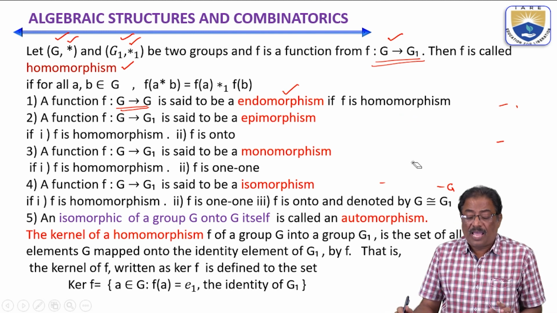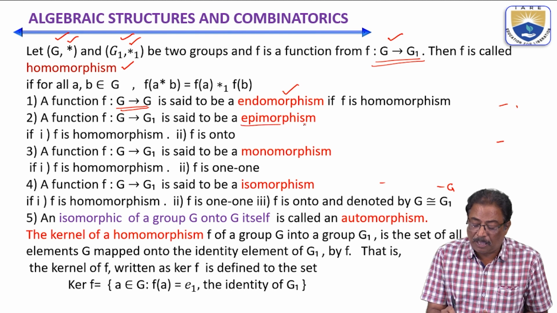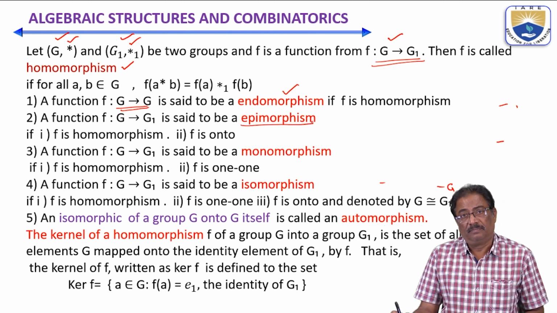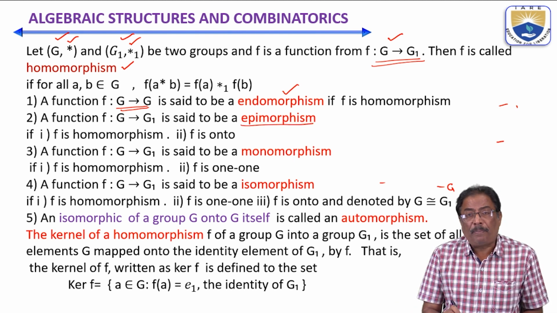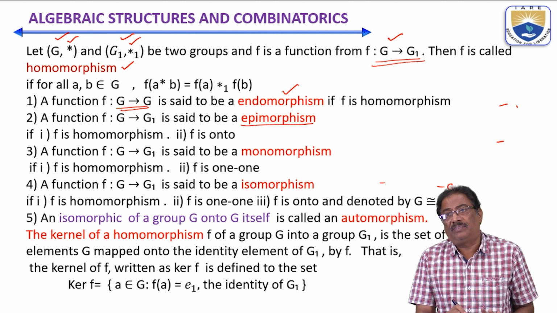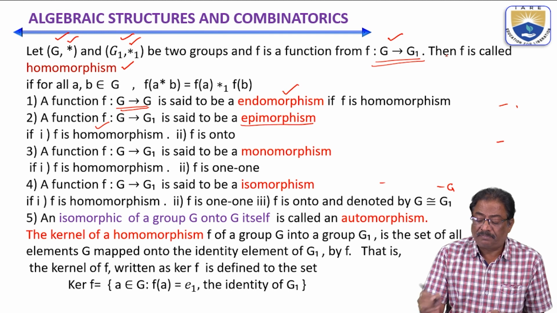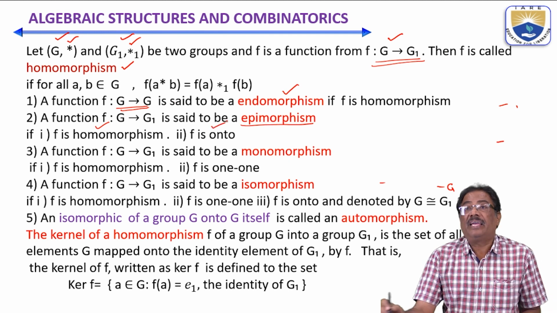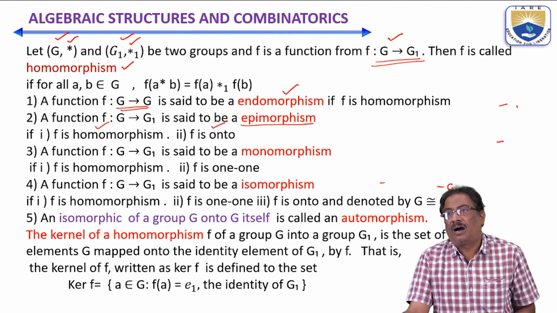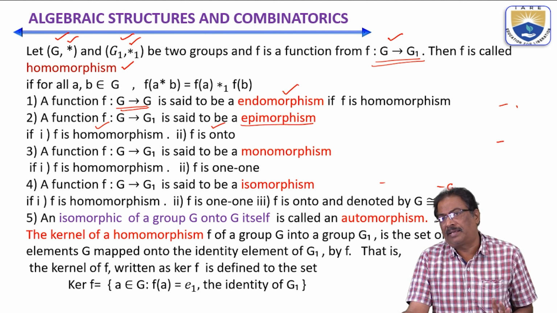Next, another definition is epimorphism. A mapping F from G to G1 is said to be an epimorphism if, first of all, it is a homomorphism, and F is onto. That means each and every element in G1 has a pre-image.